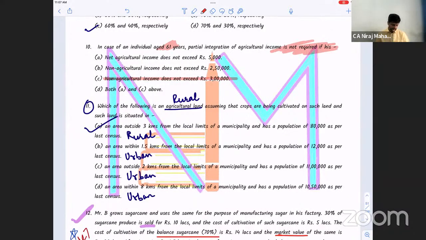Both A and C are correct. Net agri income does not exceed 5,000 is also correct. Agri income should not be more than 5,000, as well as non-agri income should not be more than 3 lakhs because he is 61 years old. So answer is D.